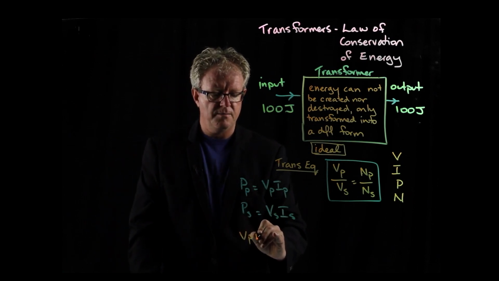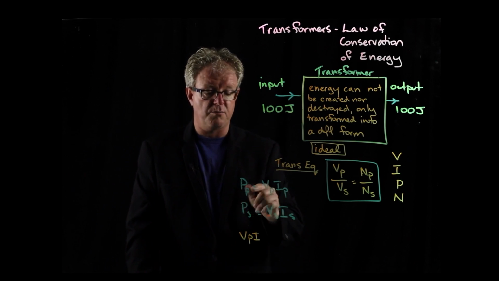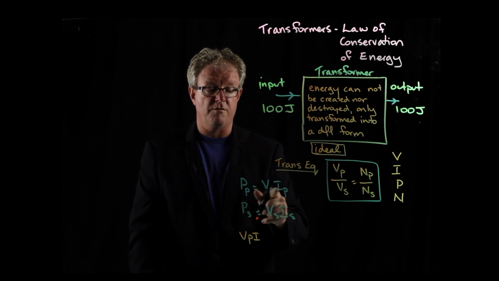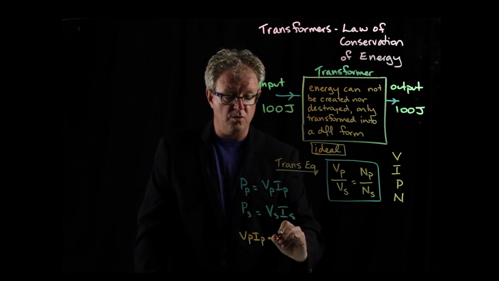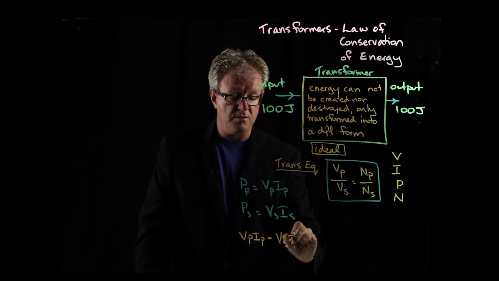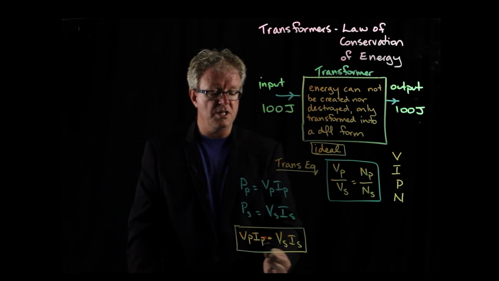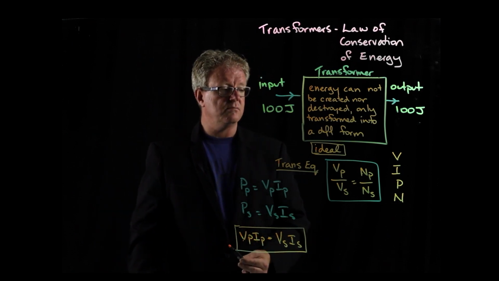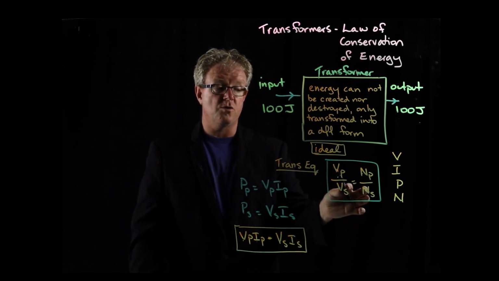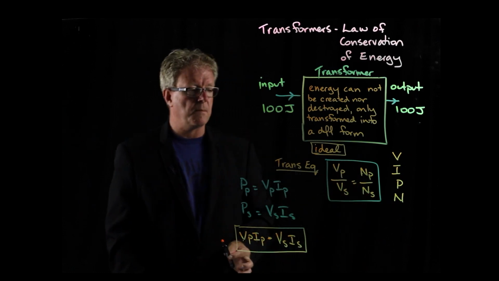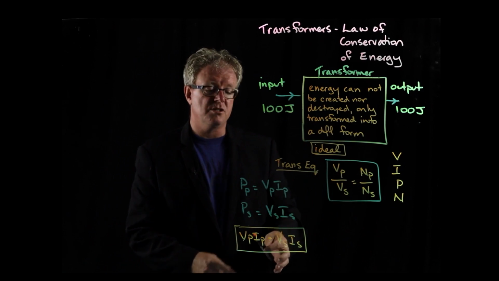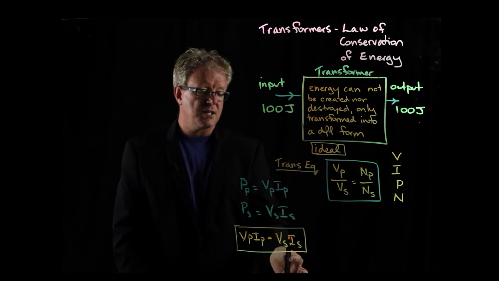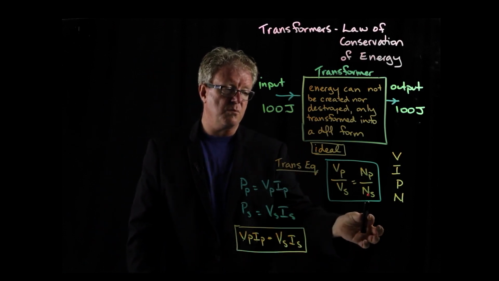The power going into the primary coil, which is the product of voltage times the current, is equal to the power coming out of the coil, voltage times the current. So we have an equation here that relates voltage and current. Here we have an equation for voltage and number of coils. Can we now find another equation that relates the current to the number of coils?